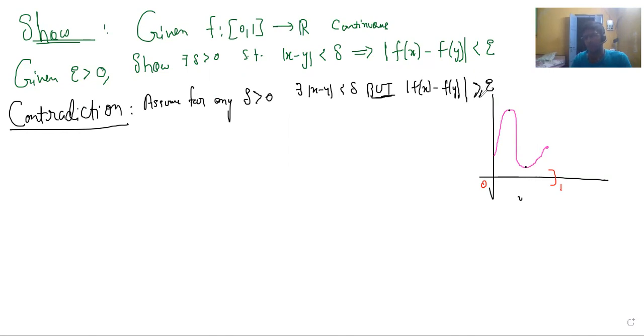That's simple. Now where do we go from here? It's like I'm taking smaller and smaller delta, but I'm ending up with some points where the gap in the functional values is more than epsilon.